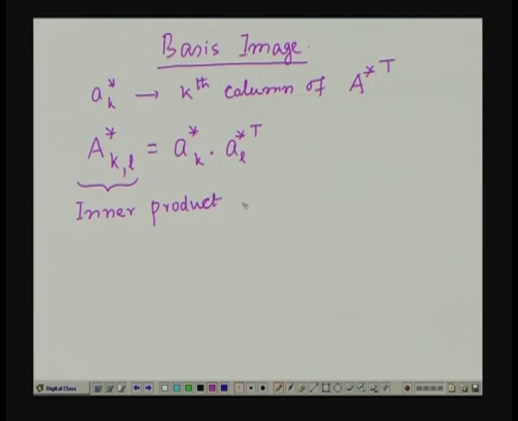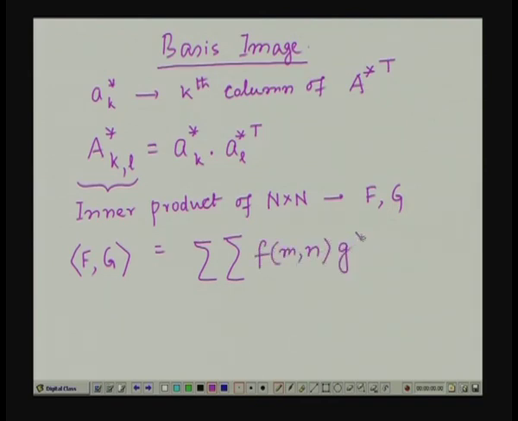of say two N by N matrices. So, I define the inner product of two N by N matrices, say F and G. So, the inner product of these two matrices F and G is defined as the sum of F m n G star m n, where both m and n vary from 0 to capital N minus 1.